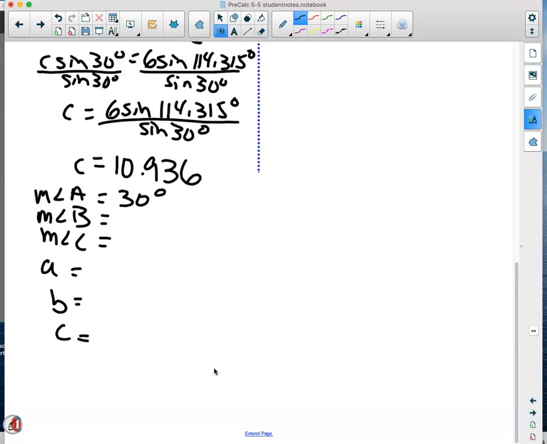Measure of angle B, first thing we found, 35.685. Measure of angle C, we just found that, 114.315. Little a was given to us, that was 6. Little b was 7, and we just found side length of C at 10.936.